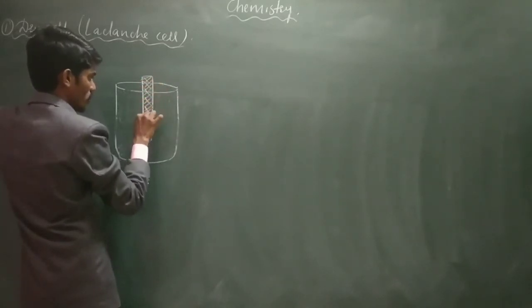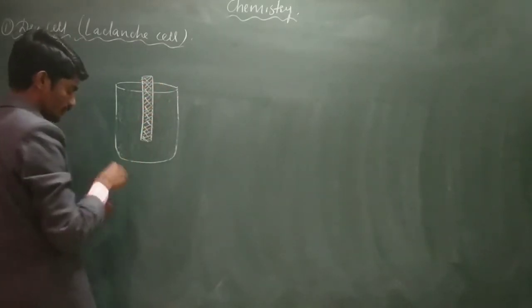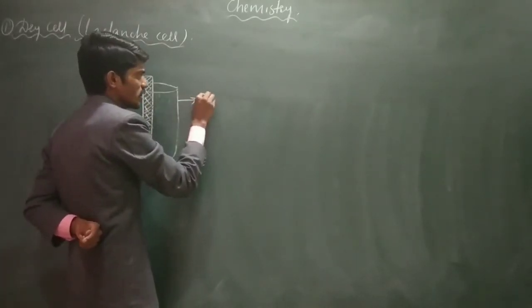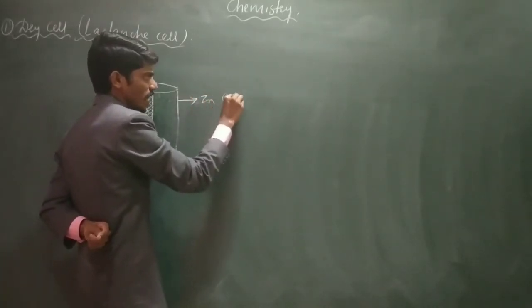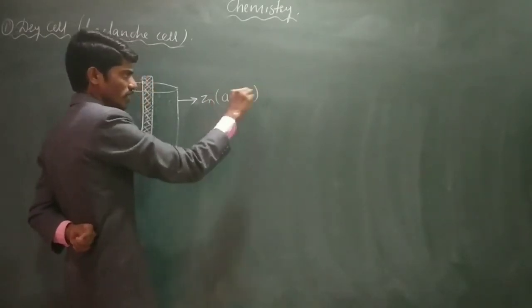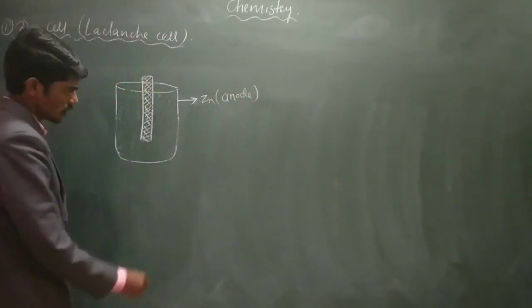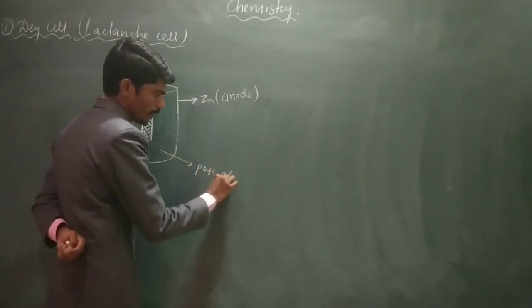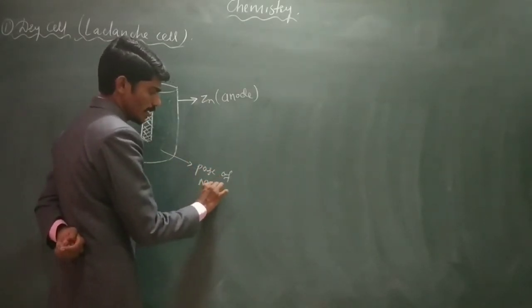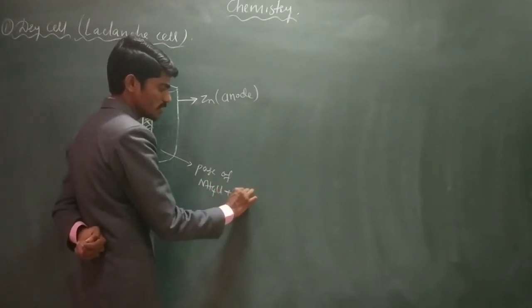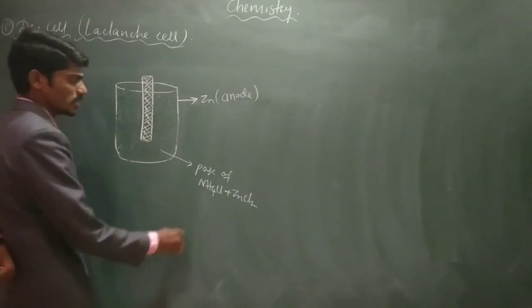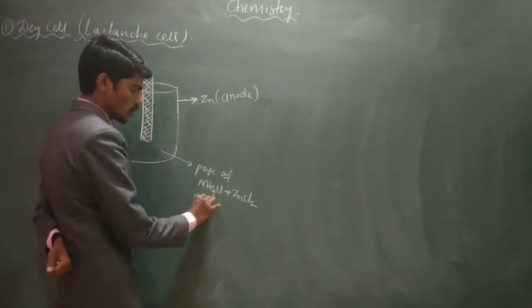This graphite rod acts as a cathode. The zinc cylinder acts as anode, and it contains a paste of NH4Cl plus ZnCl2, zinc chloride and ammonium chloride. This acts as an electrolyte.